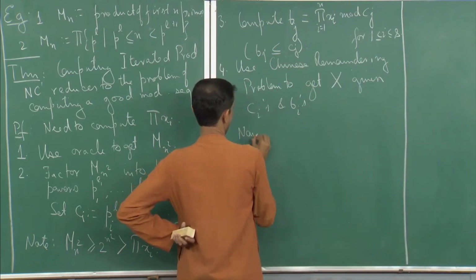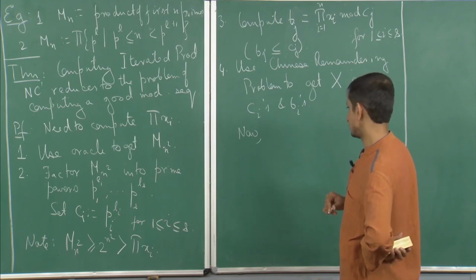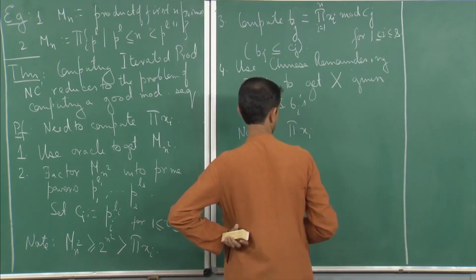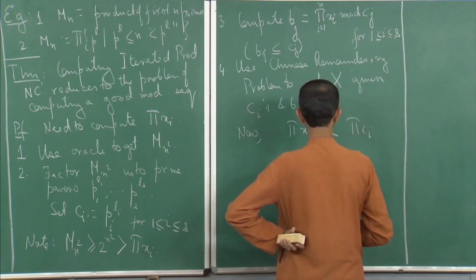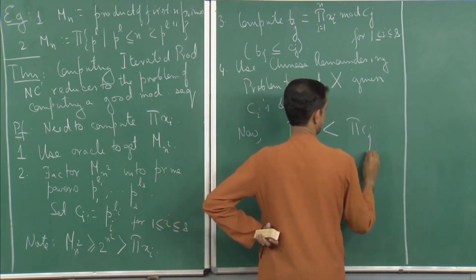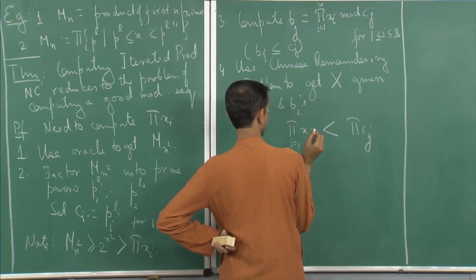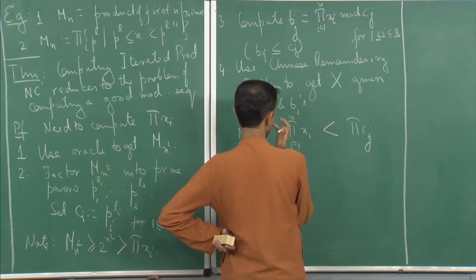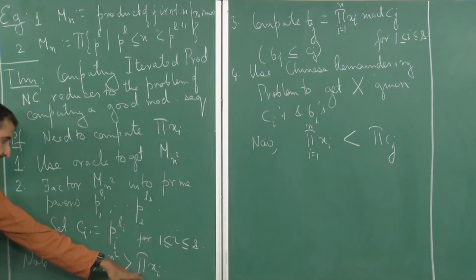Now, what we have is, of course, that the product of xi is less than mn square.